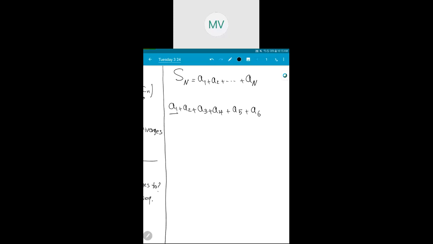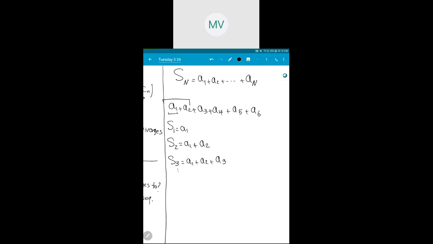A1 by itself is basically S1. S1 is A1. The first two together is S2, it's A1 plus A2. S3 is A1 plus A2 plus A3, and so on.